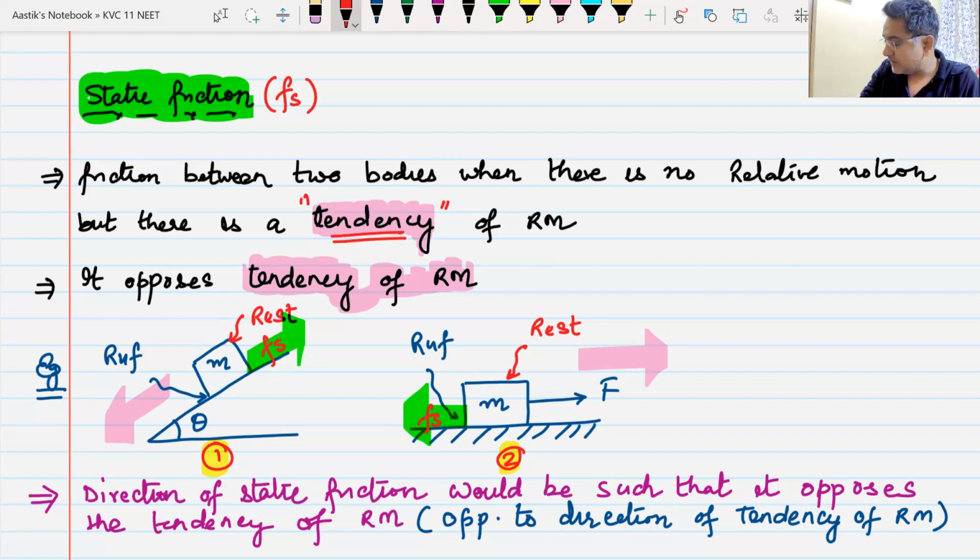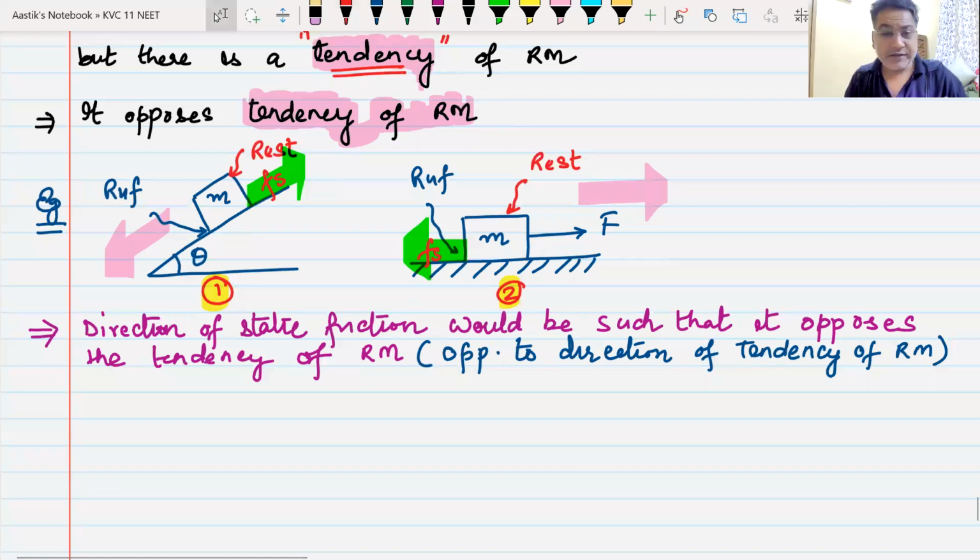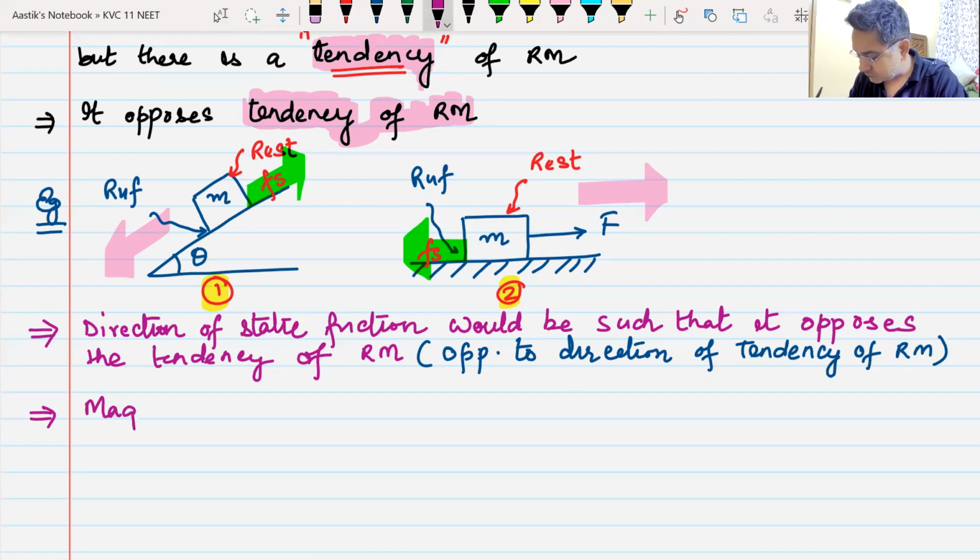Okay, now comes the next part, which is the most interesting part of static friction: the magnitude of static friction. And this is a very important part that you must remember. Direction we have understood. What about the magnitude of static friction? The magnitude of static friction, which is the most important aspect, is not constant.